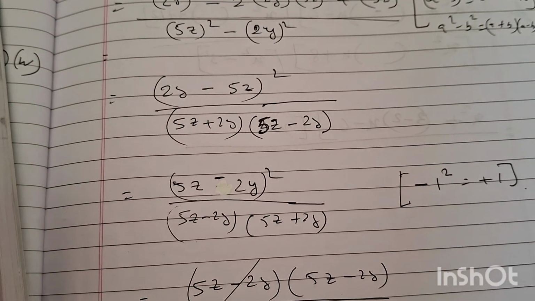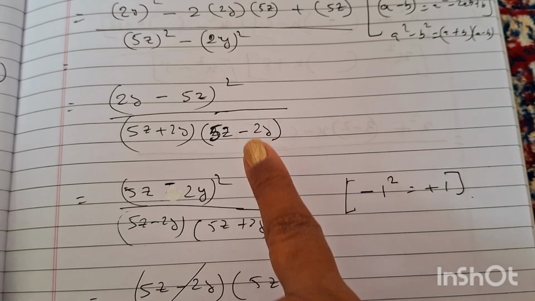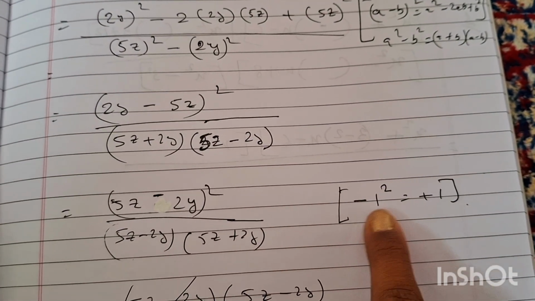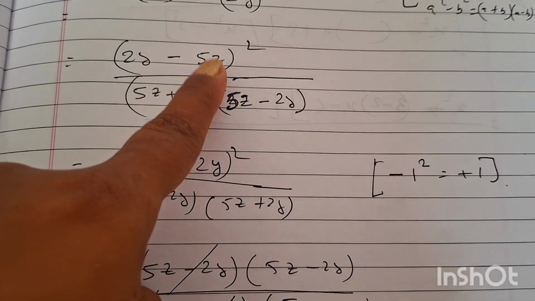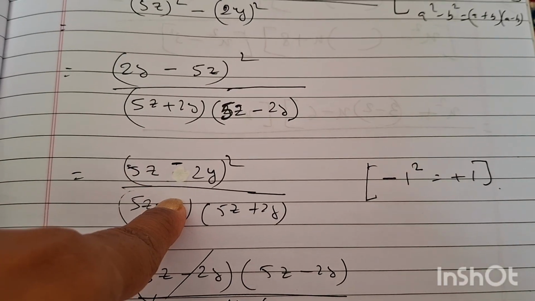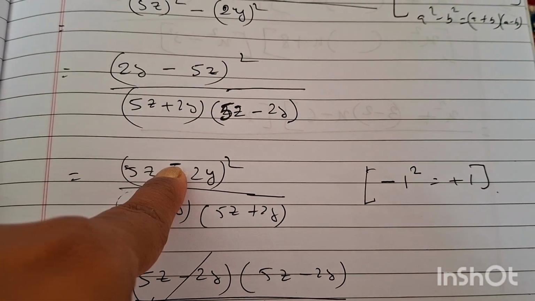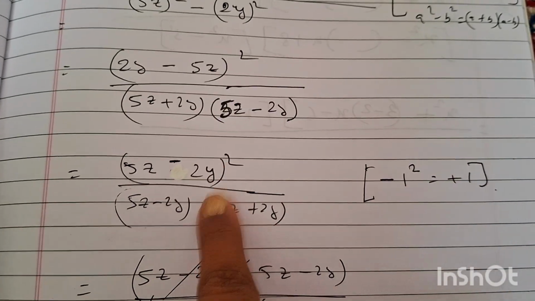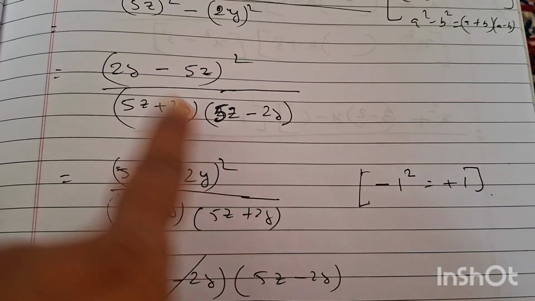In the previous question where the power was 3, it was minus outside, right? But since the power is 2 over here, minus to the power 2 is plus. For that reason, you interchange, that is 5z minus 2y. Here the student will make a mistake.